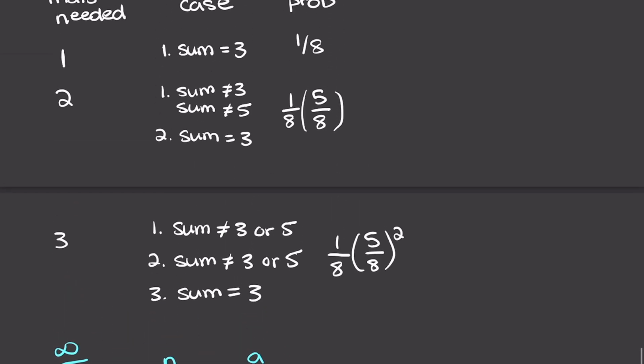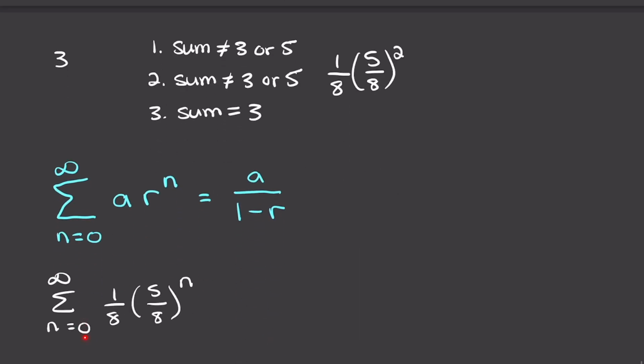When n is 1, meaning we're at trial 2, we need 1/8 and 5/8. So this is following the pattern. And because 5/8, the common ratio, is less than 1, we can use this relationship.